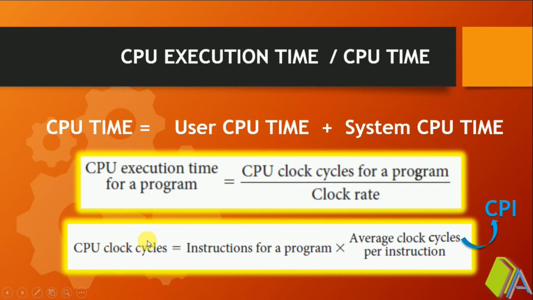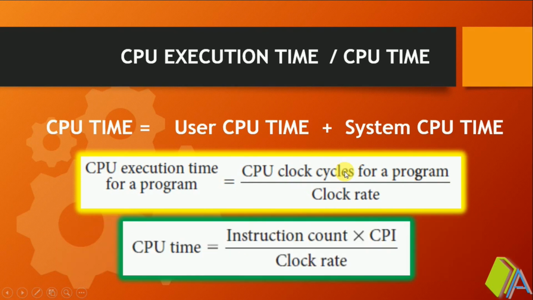So by substituting this equation in this particular equation, you can remodify this equation for calculating the execution time, which is equal to instruction count, the number of instructions available in the program, into average clock cycles per instruction, divided by clock rate. So these are all the different equations.